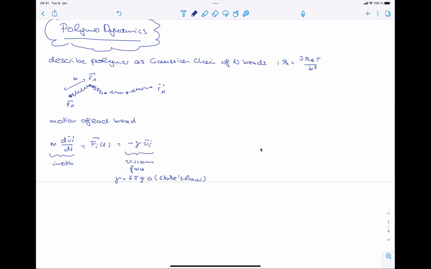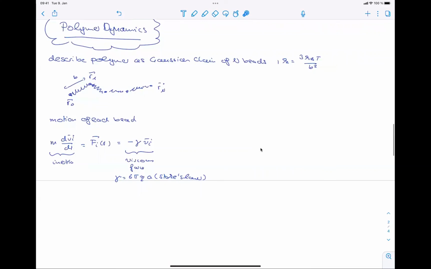And then we respect that these individual beads are connected to their neighbors by springs. So there are two elastic restoring forces that I have to consider, one for the neighbor to the left and one for the neighbor to the right. So that's k(r_i minus r_{i-1}). That's one spring. And then there's k(r_i minus r_{i+1}). That's the other spring.